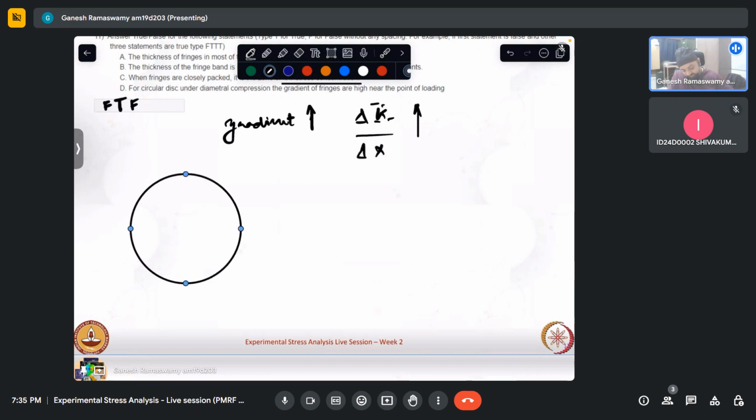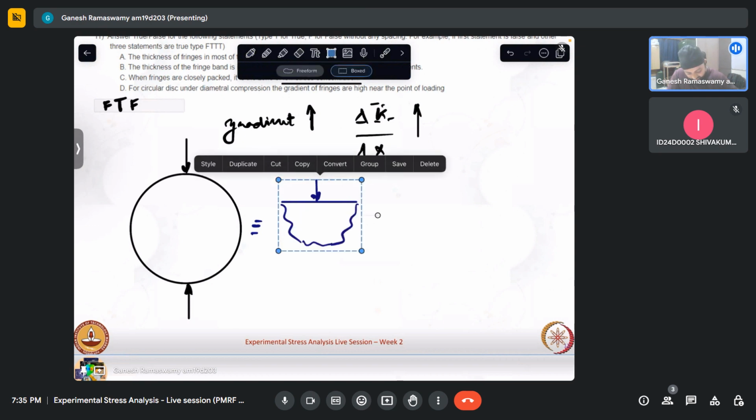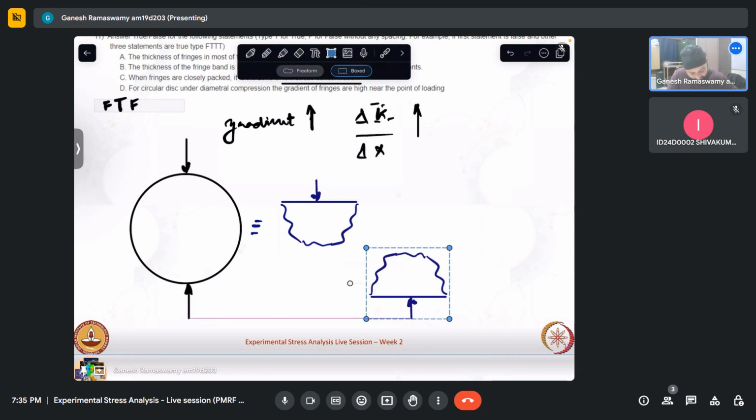So if we take a disk and subject it to a compression like that, we saw in the previous session that this is essentially a problem like that for an infinite section, added with this, added with a case of Lame's problem for radially outward tension.